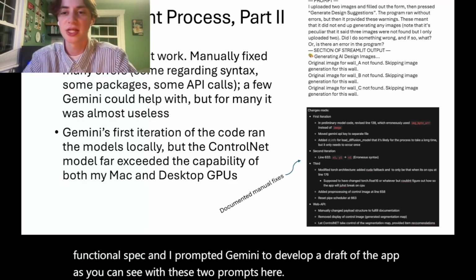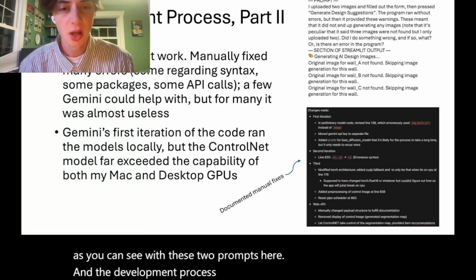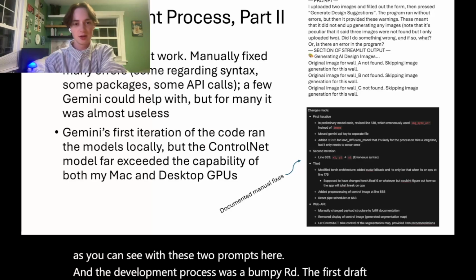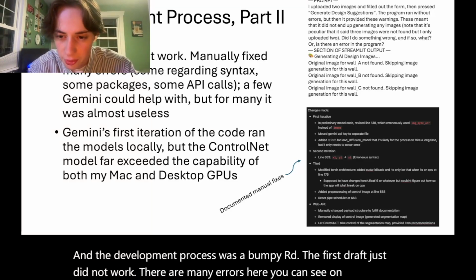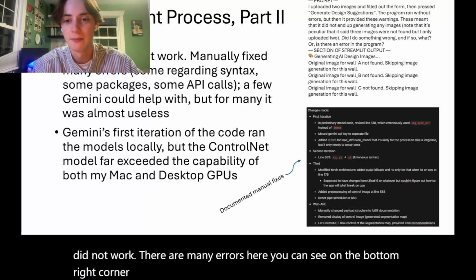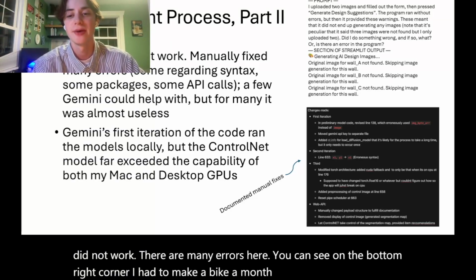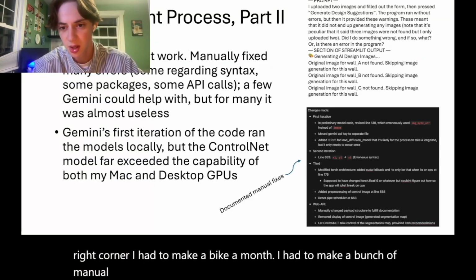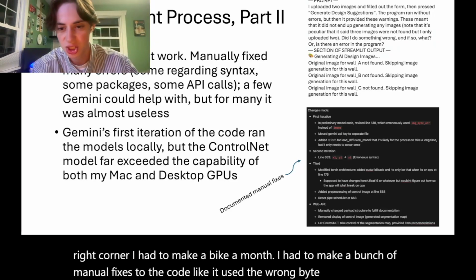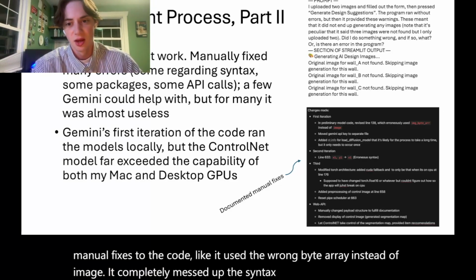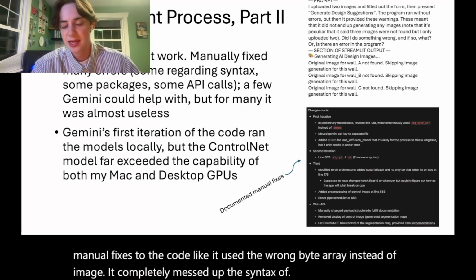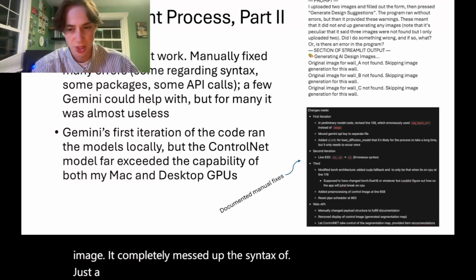And the development process was a bumpy road. The first draft just did not work. There are many errors here, you can see on the bottom right corner. I had to make a bunch of manual fixes to the code. Like it used the wrong byte array instead of image. It completely messed up the syntax of just a dimension, which was bizarre.